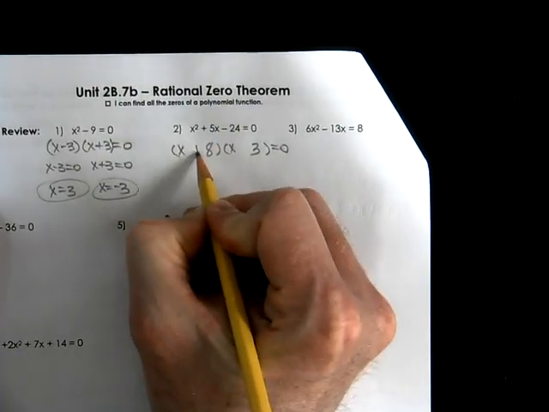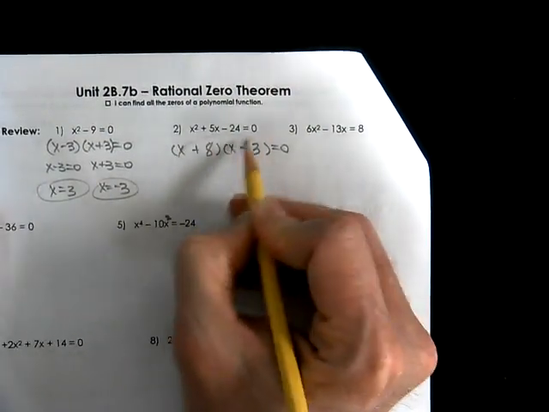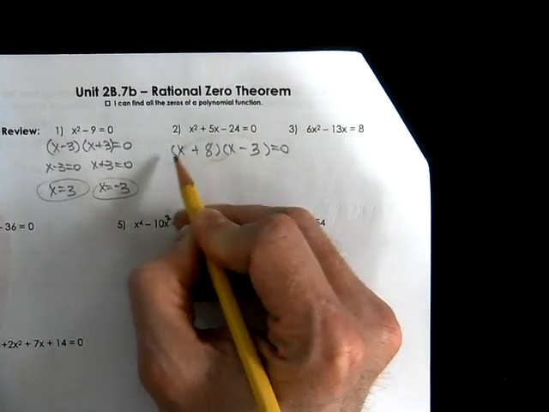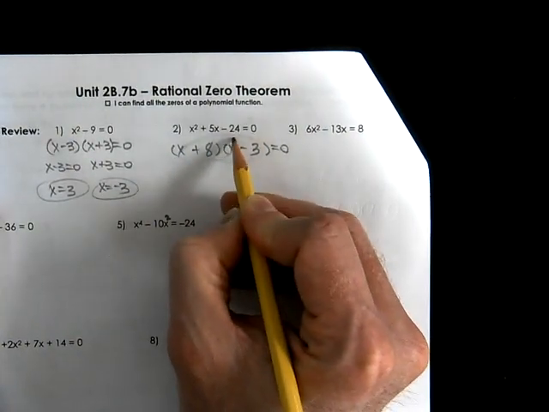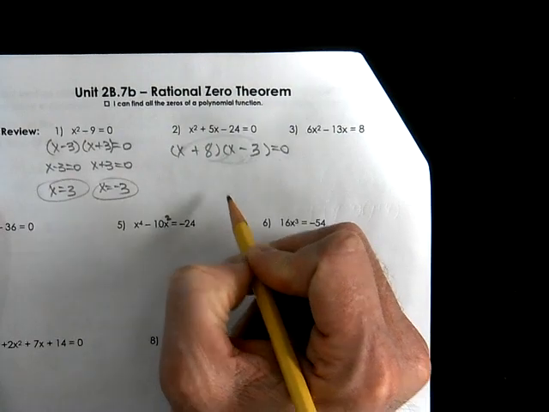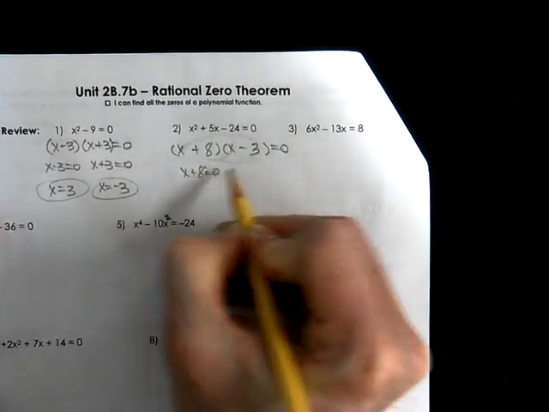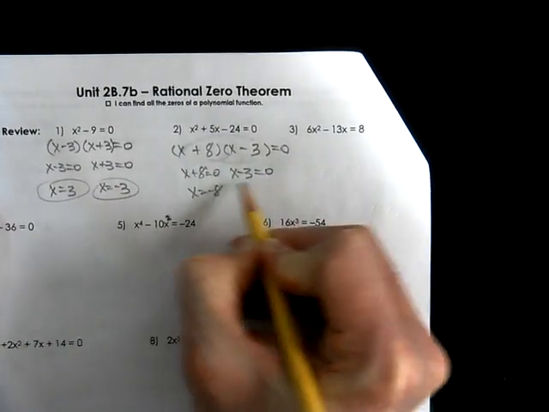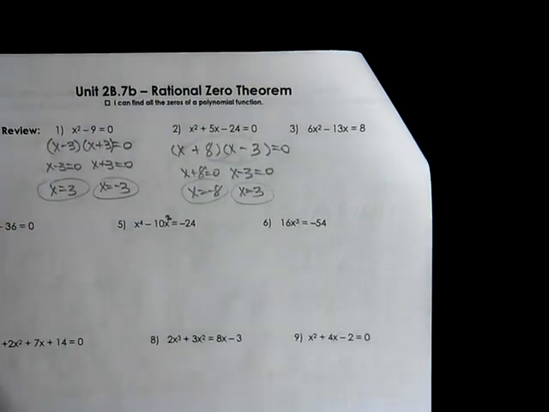So if you had a positive 8 and a negative 3, you would get negative 3 plus 8 would give you a total of 5. That adds to be 5. And the 8 and negative 3 multiplies to be negative 24. Just foiling that out, so x plus 8 equals 0. x minus 3 equals 0. We have our two answers.